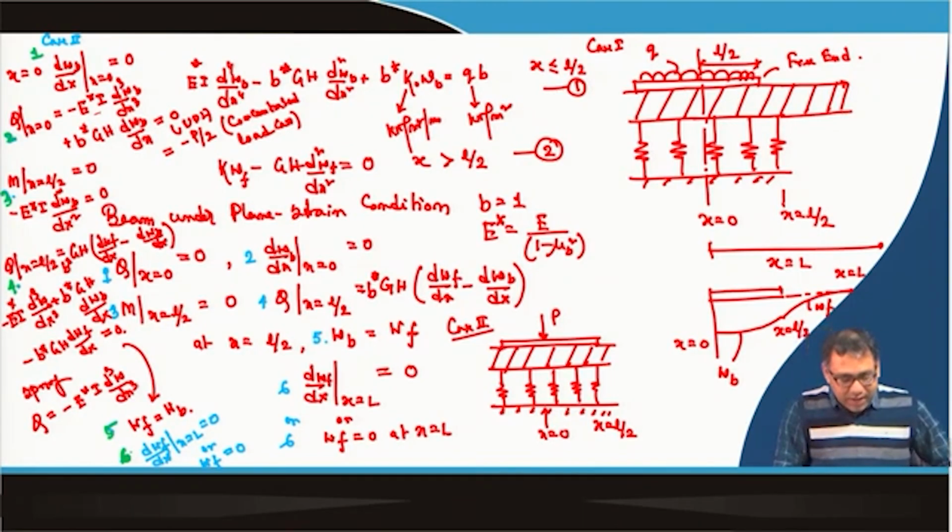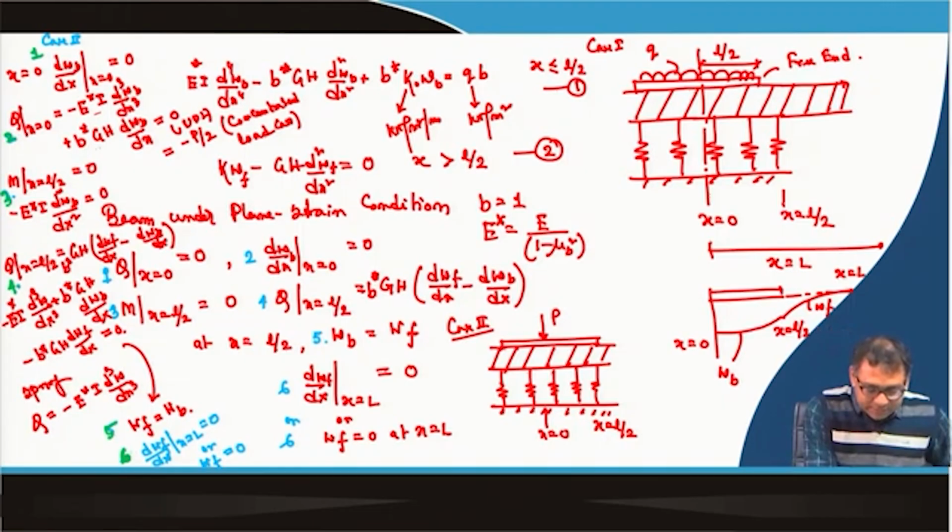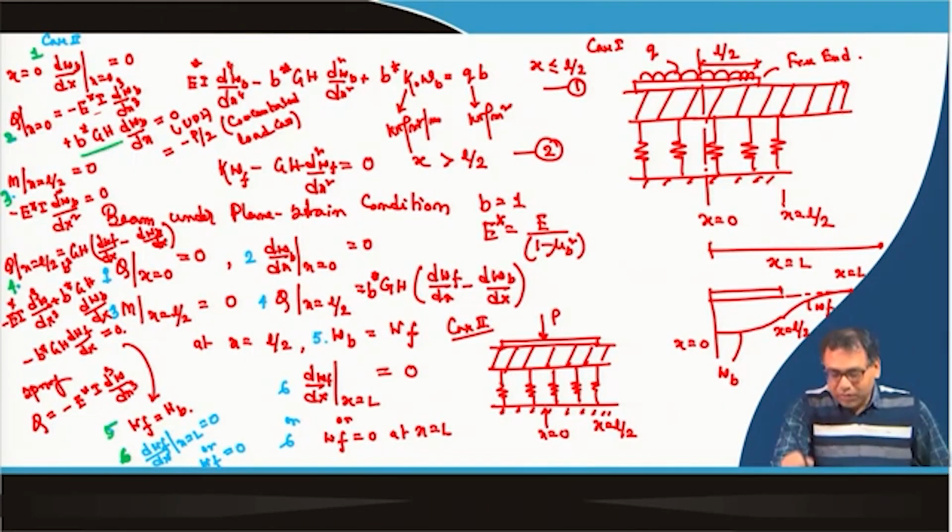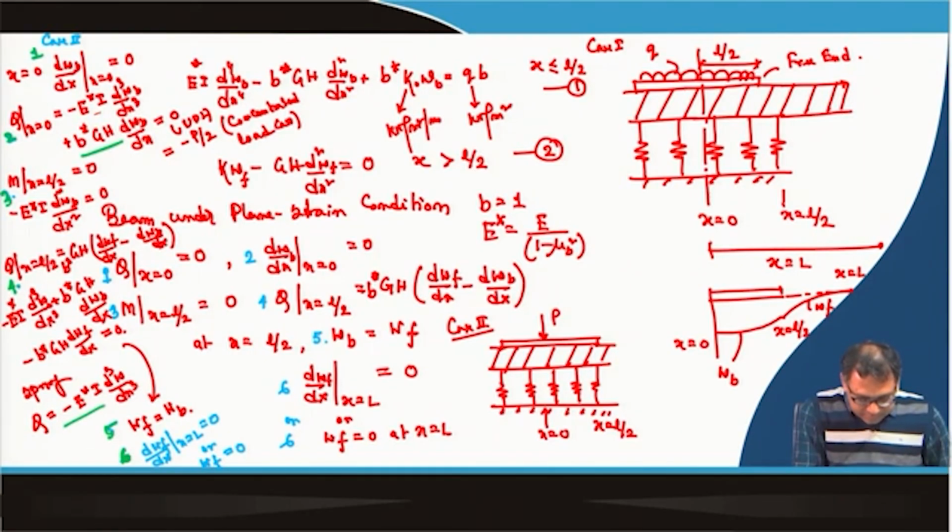because we are taking half portion, that is why it is P by 2. And one thing, in case of a beam resting on springs, your shear force equation is simply E dash I d3W/dx3, but here a second term, the contribution due to the shear layer, you have to incorporate. This term is incorporated due to the shear layer, but for the spring the second term is not there.